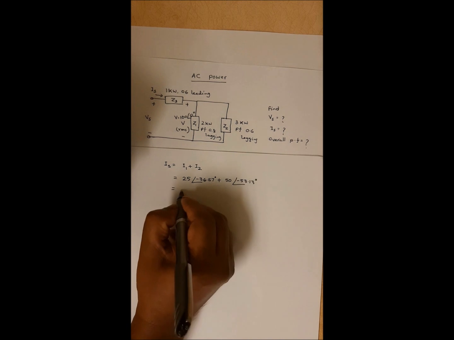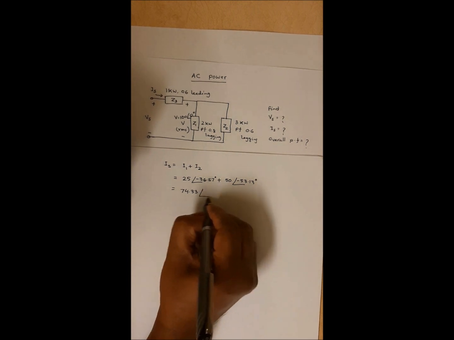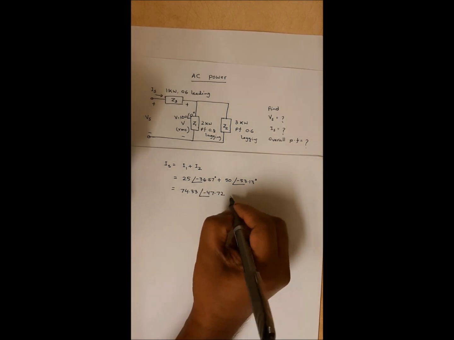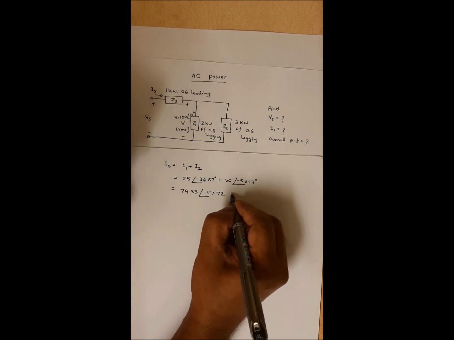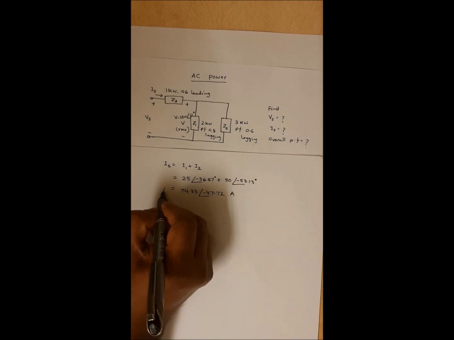Let me find it in polar form, so it will be 74.33, and the angle is negative 47.72. So this is my IS. This is one of my answers, IS equal to this.